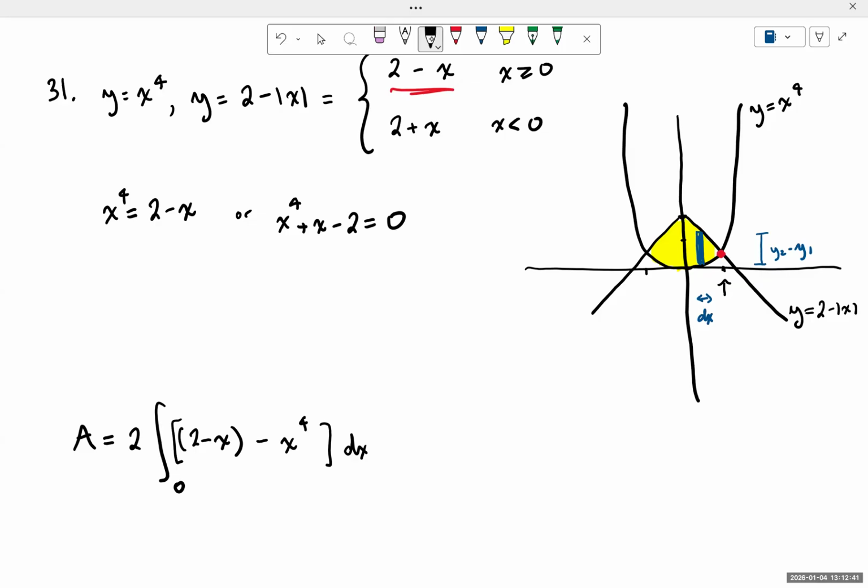Well, I'm going to hope that whoever chose this problem had the sense to pick something easy. So let's try some guess and check. Of course, the easiest thing to try is 1. And it works. 1 plus 1 minus 2 equals 0.